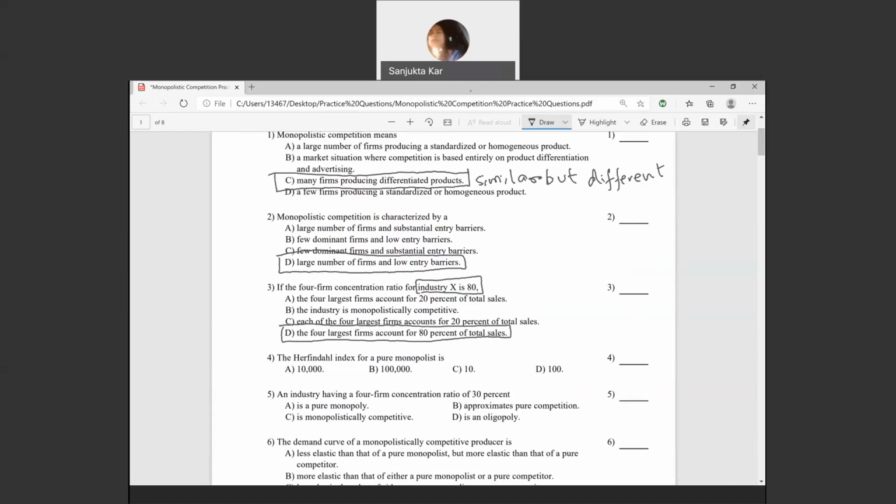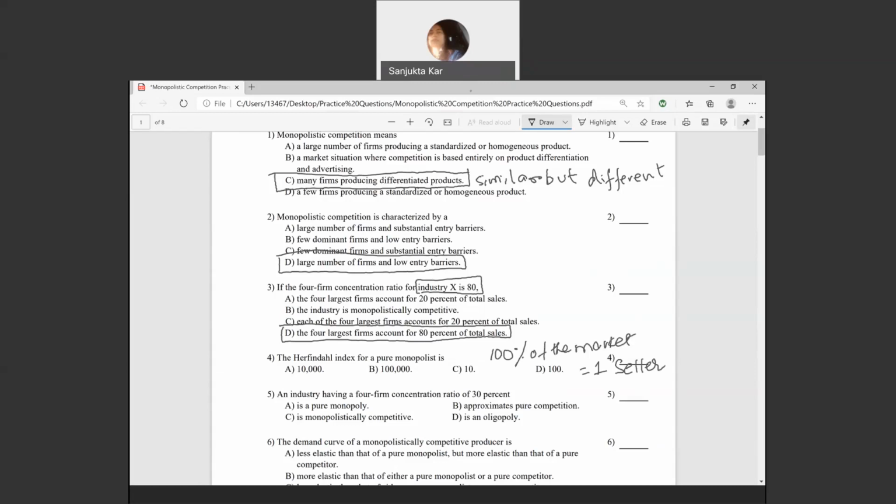Question 4, the Herfindahl-Hirschman index for a pure monopolist. So the monopolist occupies 100% of the market because there is a single seller.